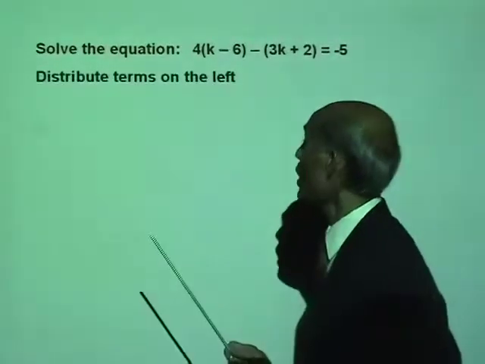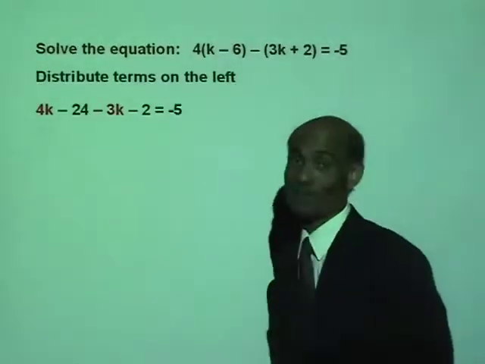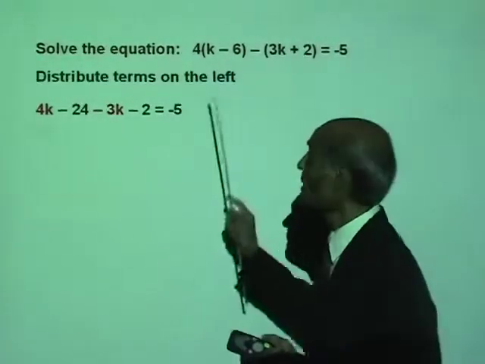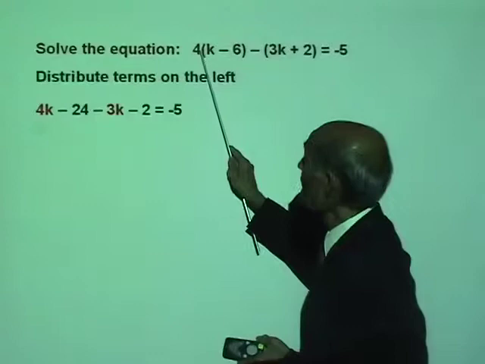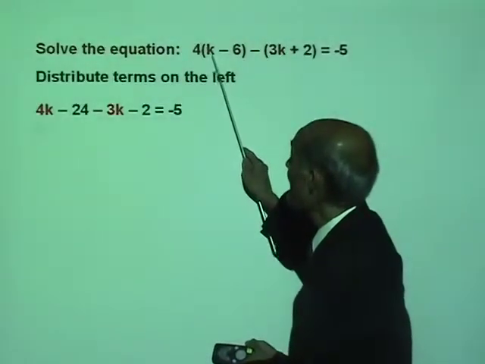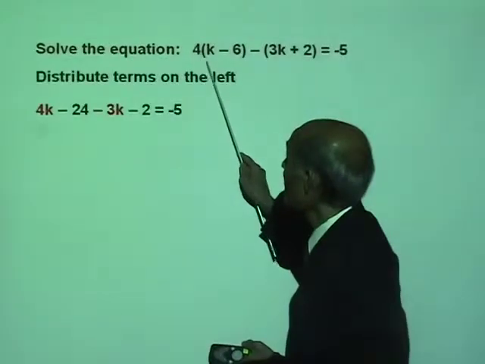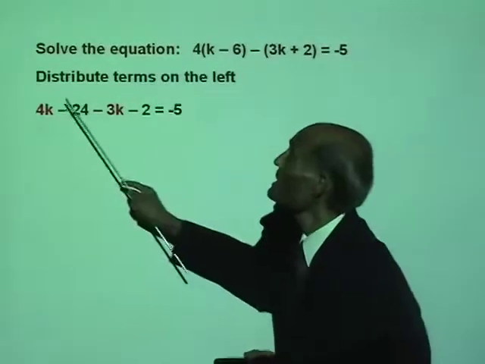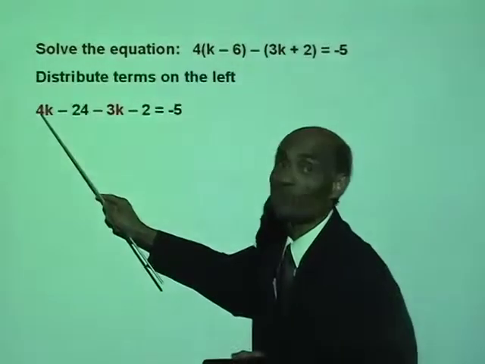Distribute terms on the left. Okay, I hope you have now practiced the art of distributing. Now watch my pointer how to distribute. 4 multiplied by k. First multiply 4 with the first term. 4 times k is 4k. There you are.